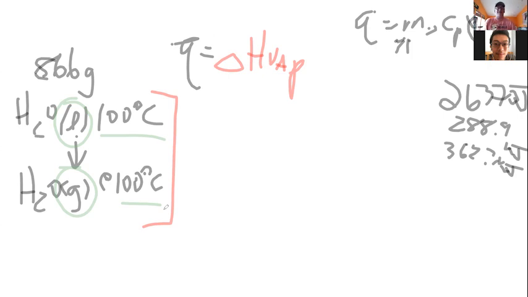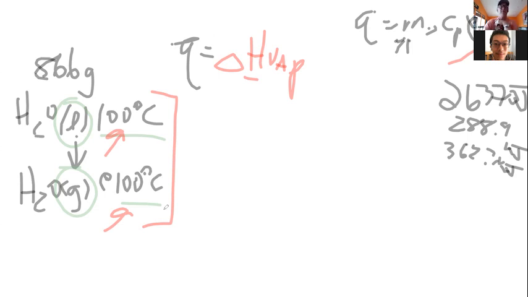And heat capacity is not going to help me because the temperature doesn't change. I started at 100. I'm going to end at 100. So Q, if I used heat capacity, would be 0 because the delta T is 0. So it isn't a heat capacity issue. It's the heat of vaporization issue. And so I need the heat of vaporization. And since it's delta H, it means per mole.